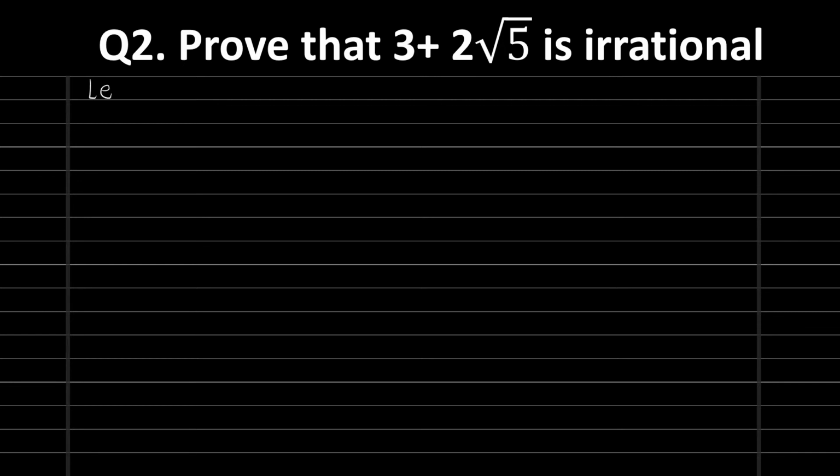We will assume, let 3 plus 2 root 5 be a rational number. And if it is a rational number, what can we say? We can write down 3 plus 2 root 5 in the form of p by q, right?